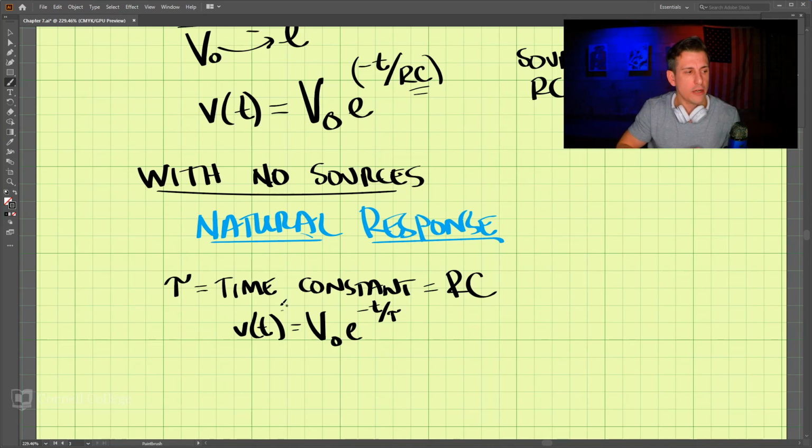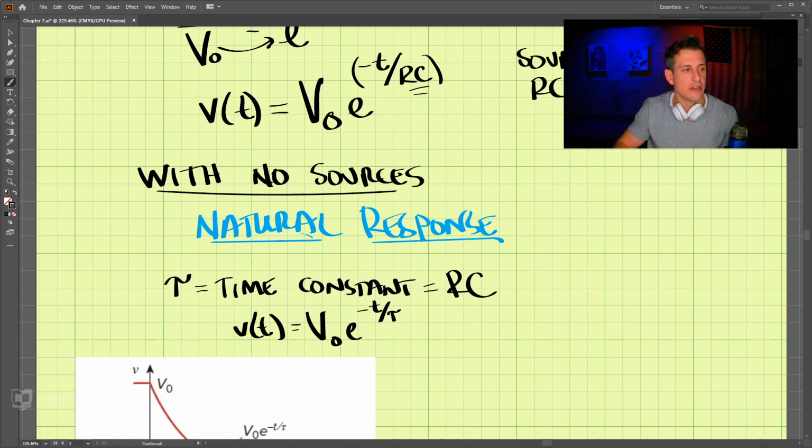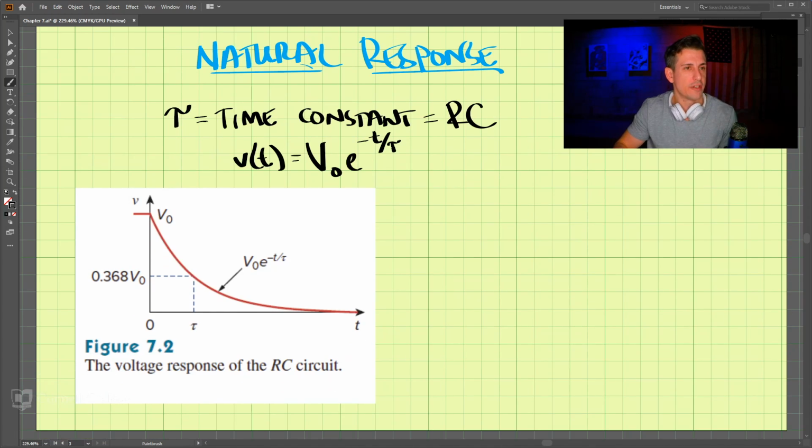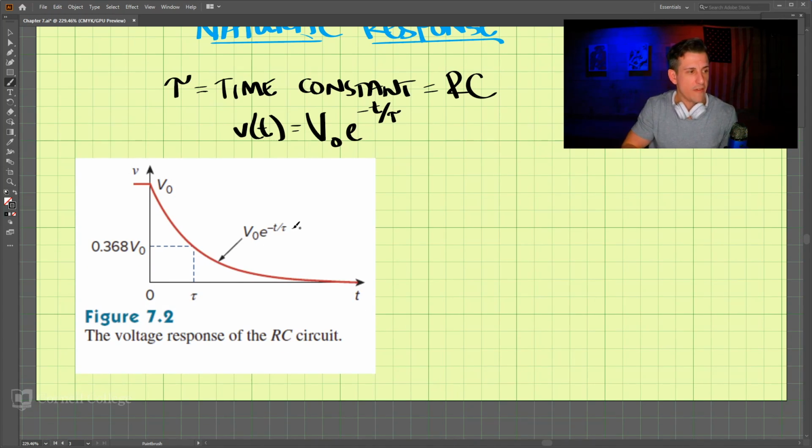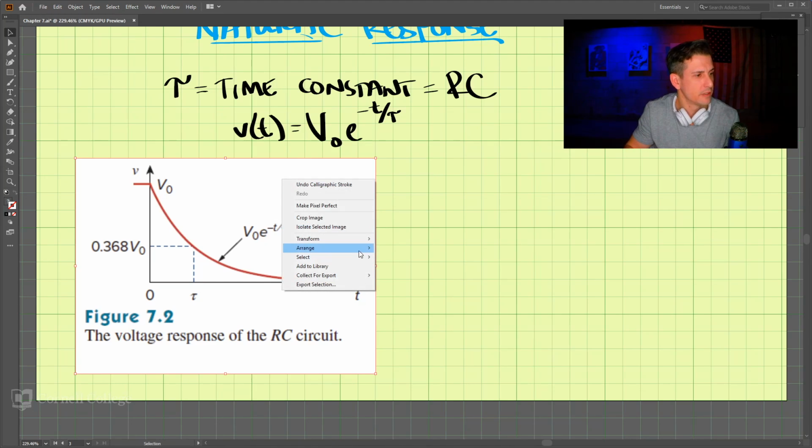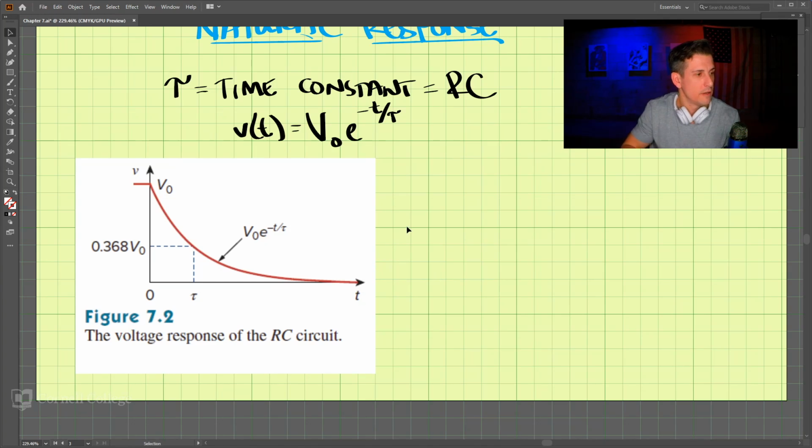Now, if we talk about the time, it behaves in a certain way. The time looks something like this. We have our tau here, which is R times C, and you see this curve as it goes here.